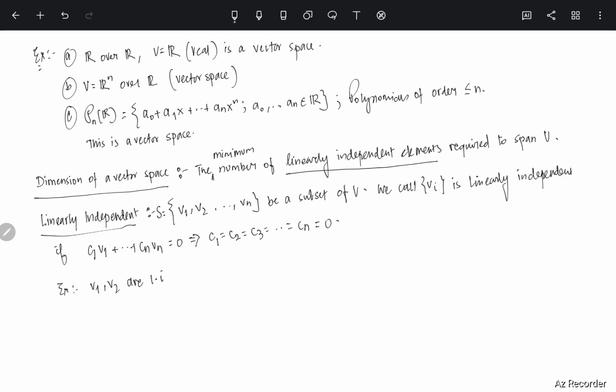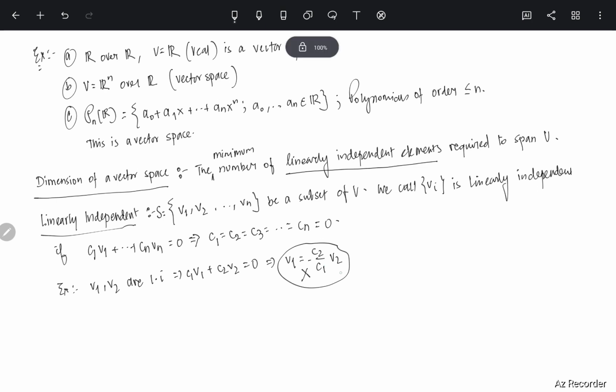C1 times V1 plus C2 times V2 equals 0 cannot be written as V1 equals C2 by C1 times V2. You can't write it like this, because for linear independence, C2 and C1 both have to be 0. So this division is not possible.